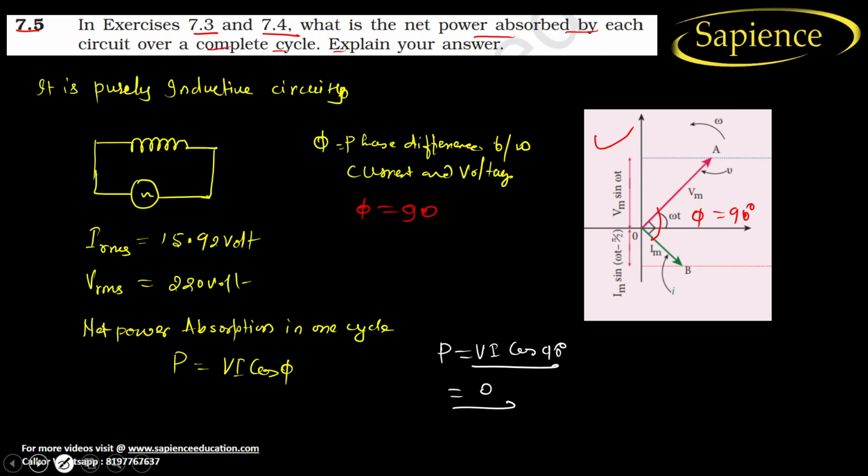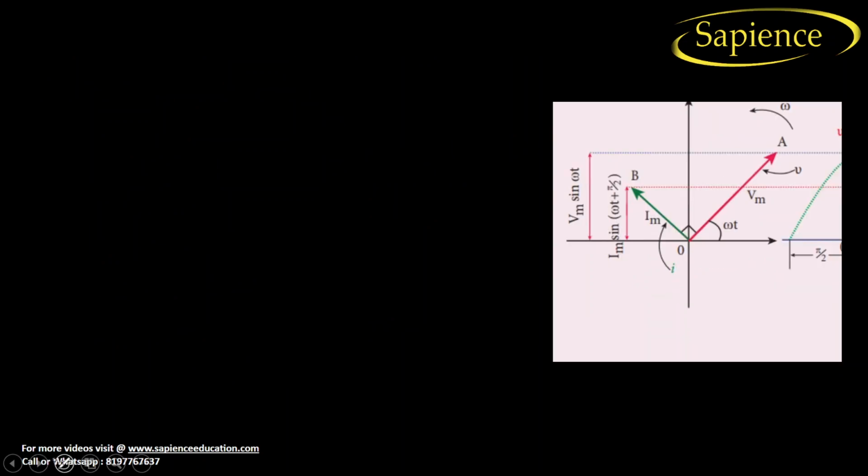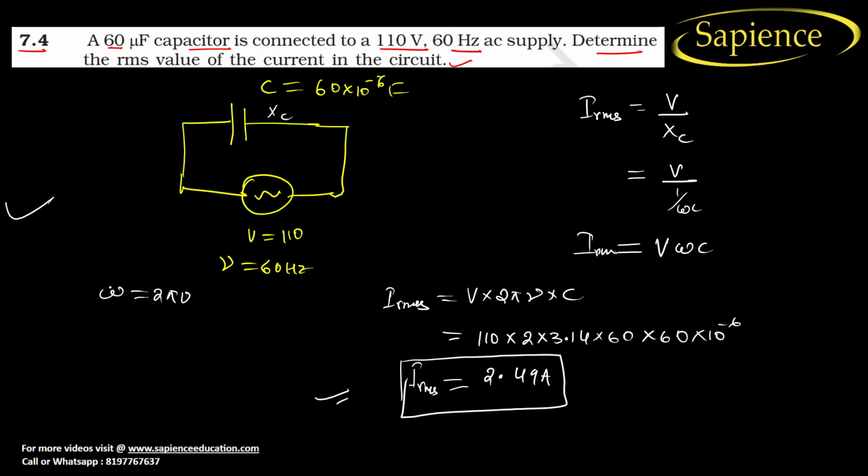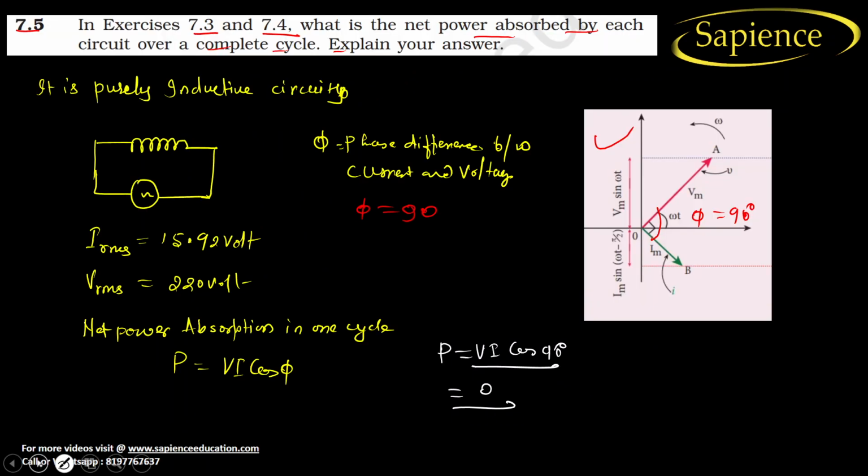Now let's go for question number 7.4. In 7.4, it is a pure capacitive circuit, and IRMS is equal to 2.49 ampere. Now let's solve this one.